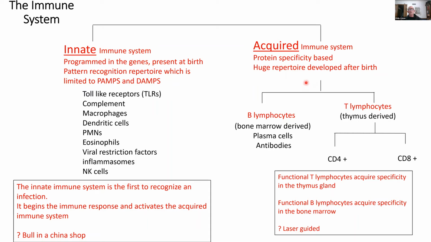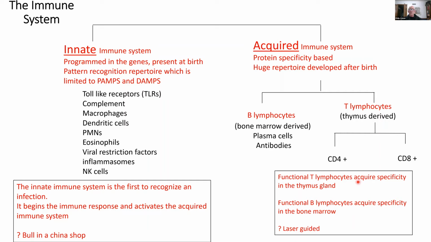I think the most useful subdivision here is B lymphocytes, which come from the bone marrow, differentiate into plasma cells, and B cells are where the antibodies come from. T lymphocytes come from a gland called the thymus, which I'll show you in a minute, and they are subclassified crudely here into CD4 and CD8 cells, but that's not important because there are many further classifications.